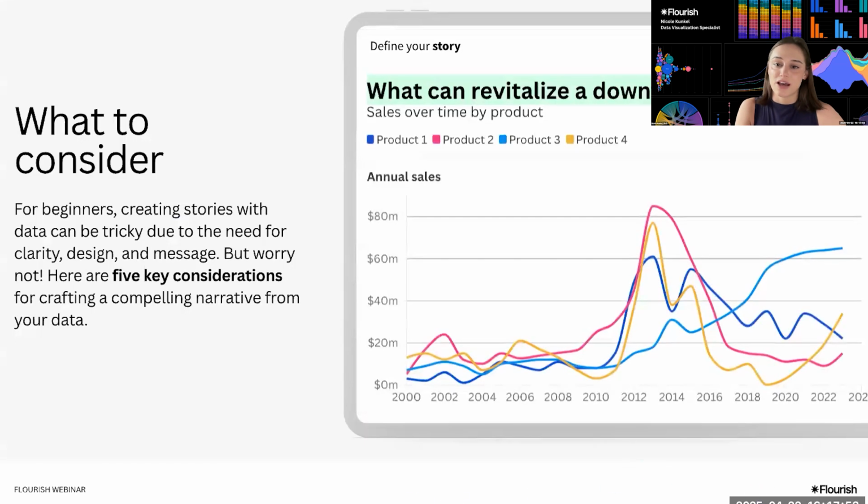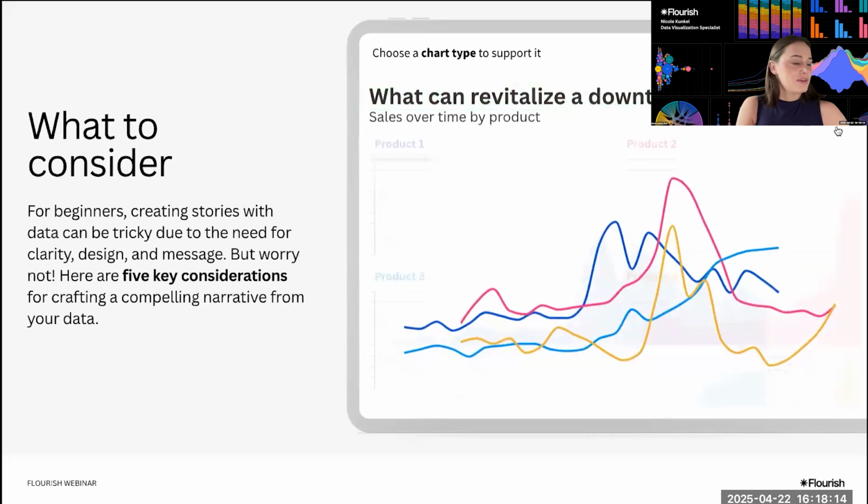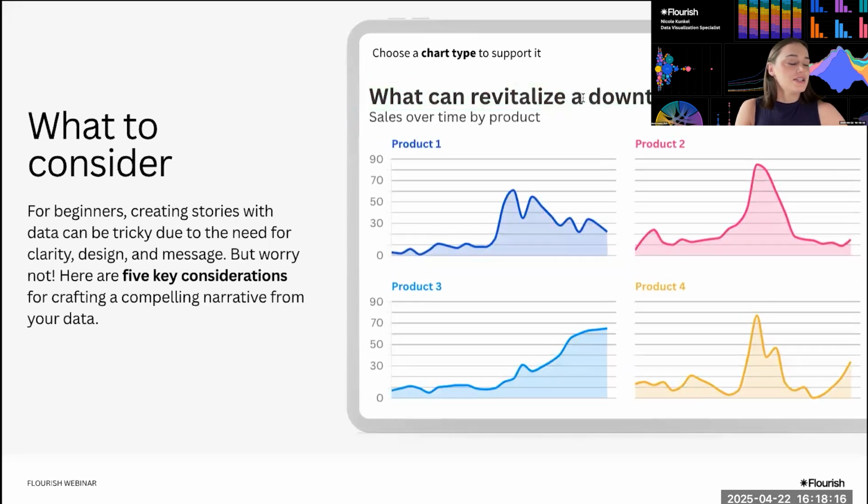So just to put these 5 considerations into an example for just some added clarity, when it comes to story, we can put that in the title itself. And then I chose a story that's focusing on trends.